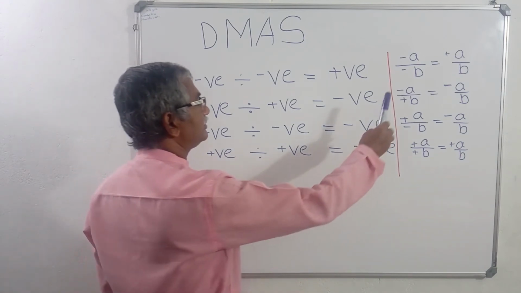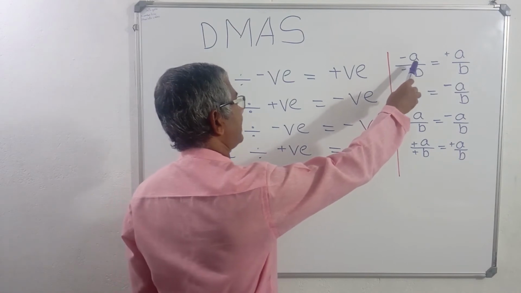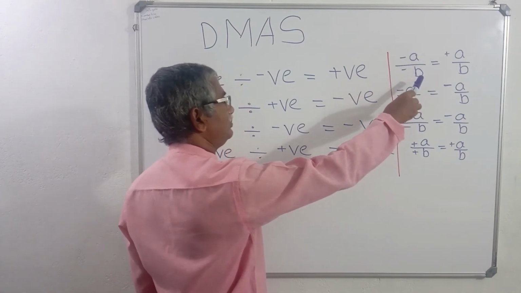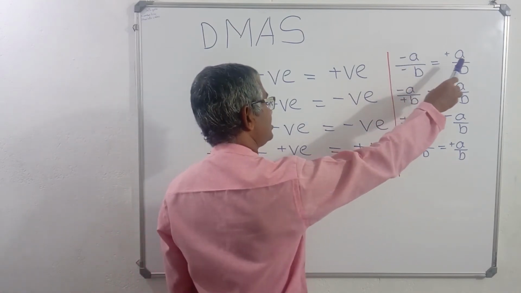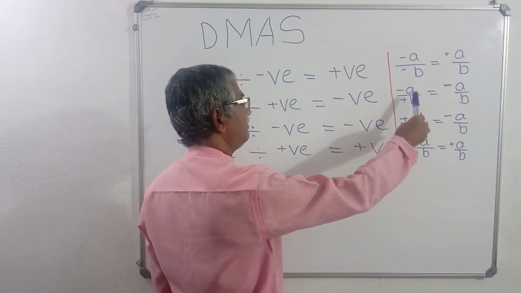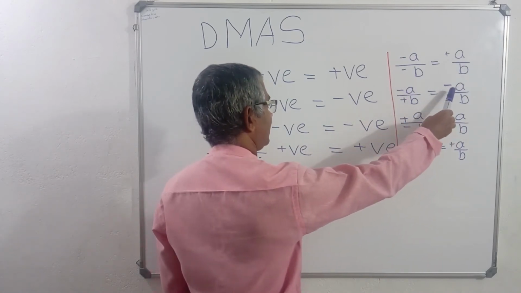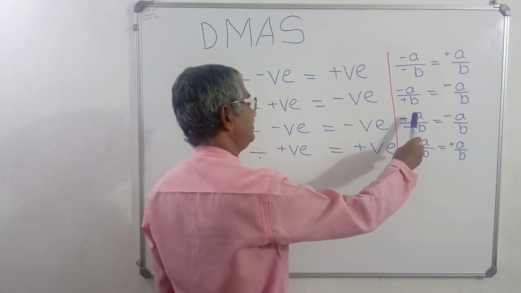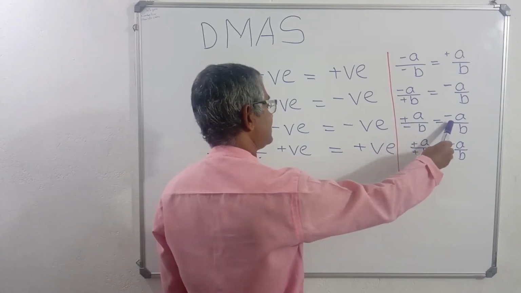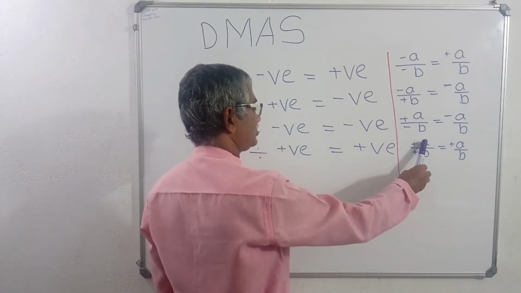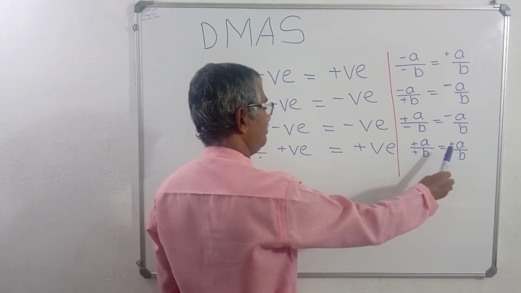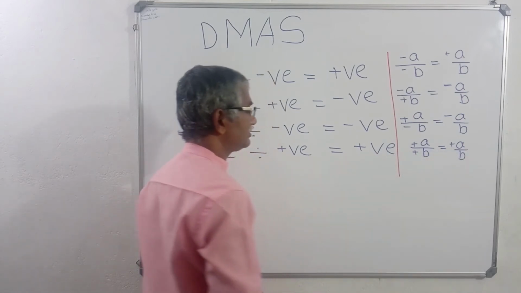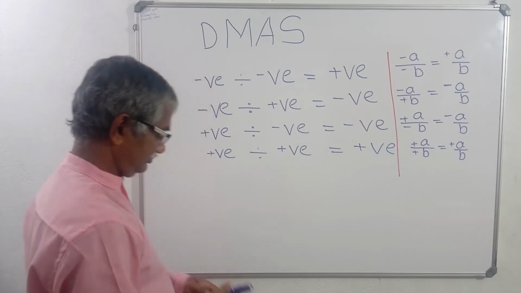If you write it as a fraction, negative a by negative b, the answer is positive. Negative a by positive b, the answer is negative. Positive a by negative b, the answer is negative. Positive a by positive b, the answer is positive.